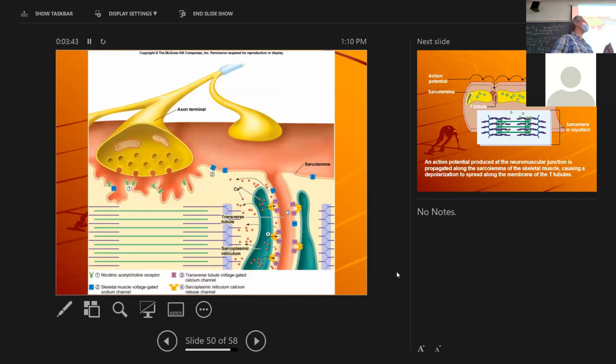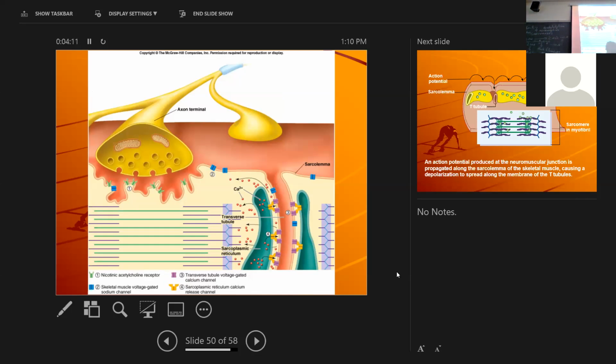Now, in the T-tubule, you also have voltage-gated calcium channels. But these voltage-gated calcium channels are bound together with a release channel that's found in sarcoplasmic reticulum. These two are physically linked together.